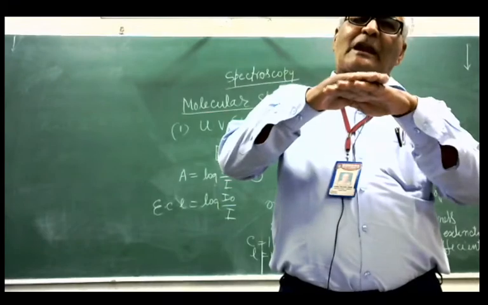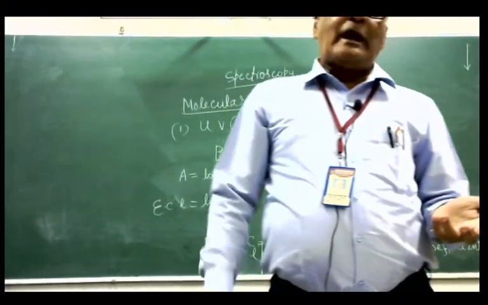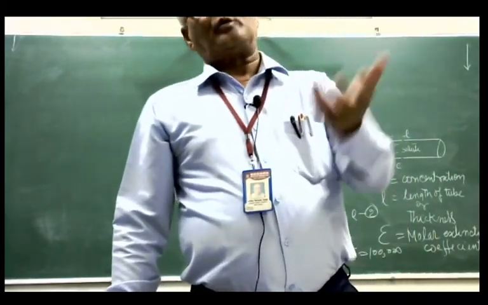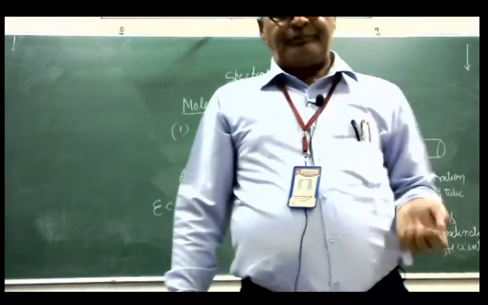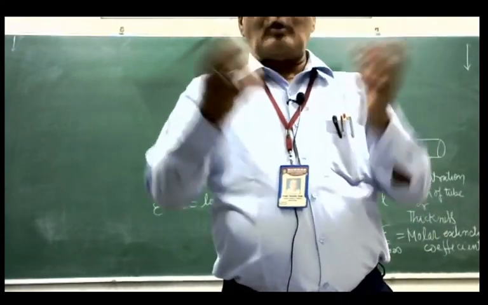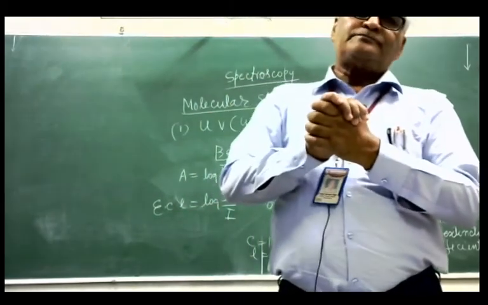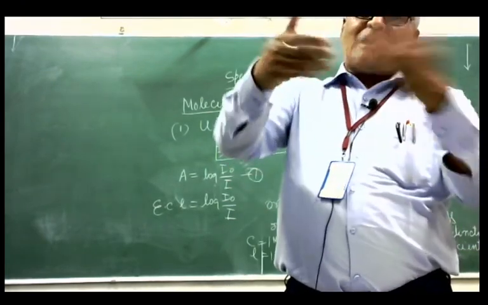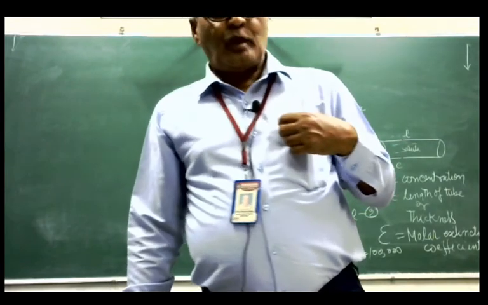So a pi electron may jump to pi star. If the compound has a heteroatom like oxygen, nitrogen, sulfur, for example a C=O group, in the C=O group the oxygen is a heteroatom having an unpaired electron. That unpaired electron is present in a non-bonding molecular orbital.